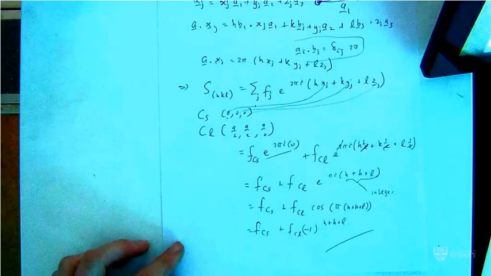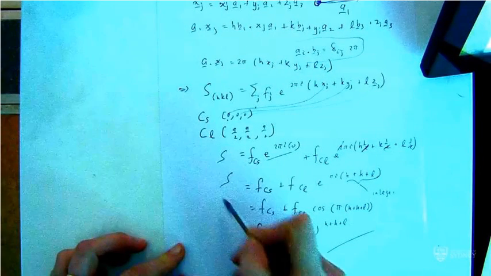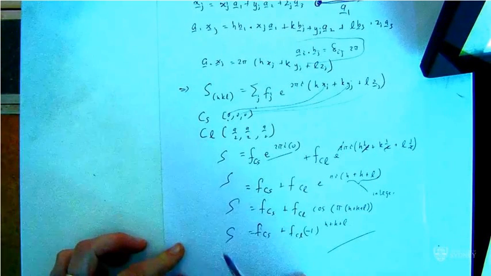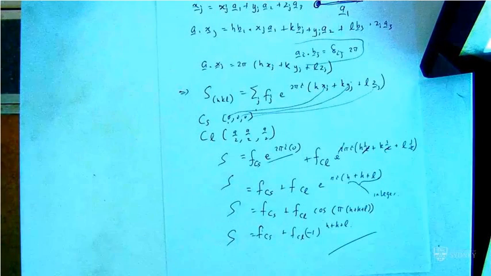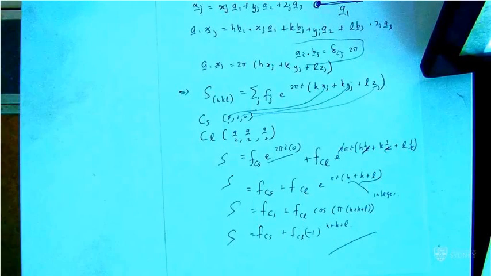Okay, so basically for this structure, any h, k, and l should give us a diffracted beam, because this will be non-zero. Okay, so from this, we're going to see that selection rules will develop.